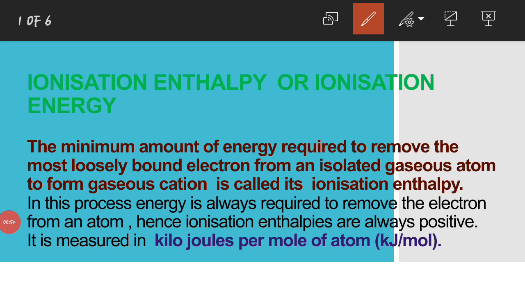The minimum amount of energy required to remove the most loosely bound electron from an isolated gaseous atom to form a gaseous cation is called its ionization enthalpy.